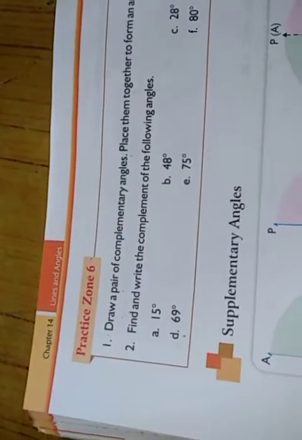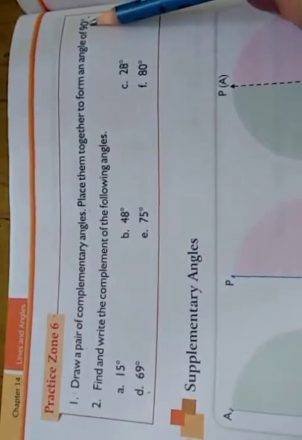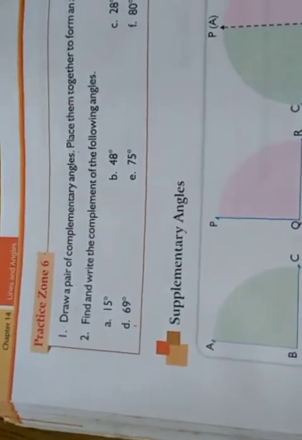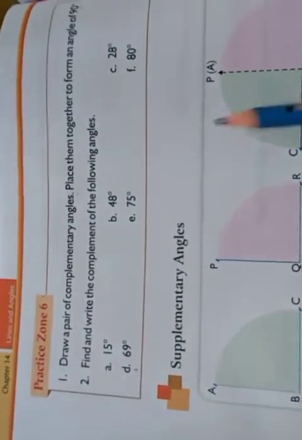The sum of both should be equal to 90. Okay. You will draw a pair of complementary angles, then place them together to form an angle of 90. Of any choice you can take two angles whose sum should be equal to 90.